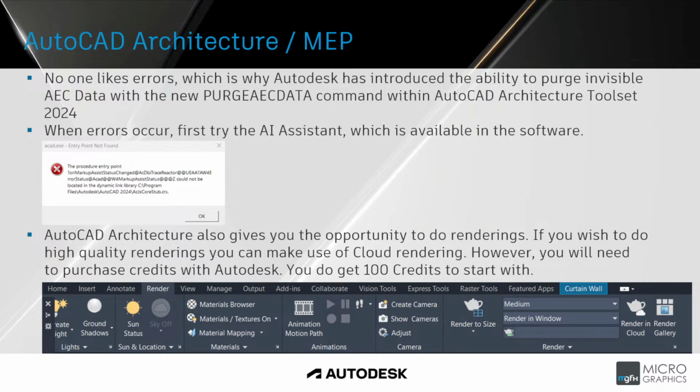AutoCAD Architecture also gives you the opportunity to do renderings. If your computer is strong enough, you can do your own renderings depending on your graphics cards or your RAM available. But if you wish to do high quality renderings, you can make use of cloud rendering. However, you will need to purchase credits with Autodesk. You do get 100 credits to start with.